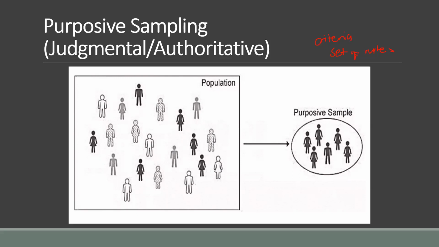So let's say that those individuals that are fully shaded or are black in color would represent the individuals that are hypertensive or have high blood pressure. Then we select them from that set of population that you have, and that is what we call a purposive sampling. Again, we are setting here rules or criteria for the selection of our participants.